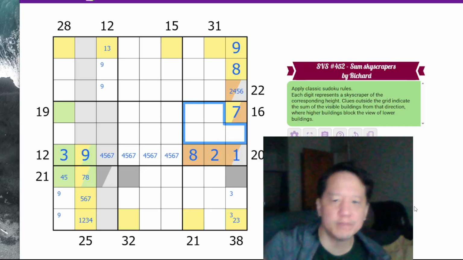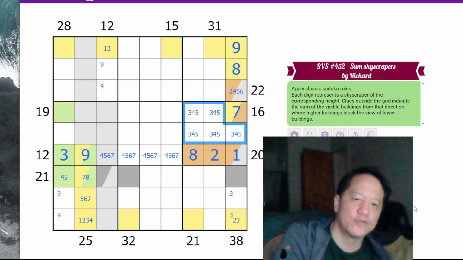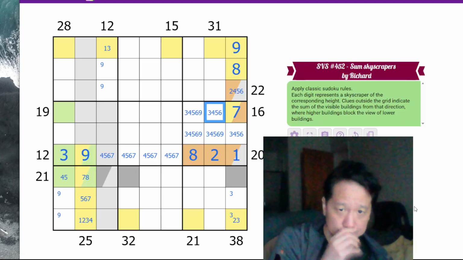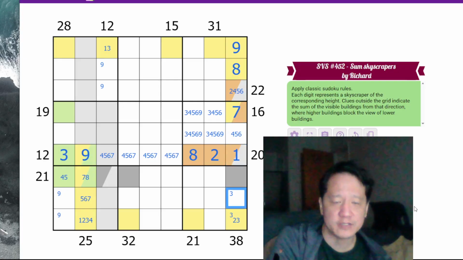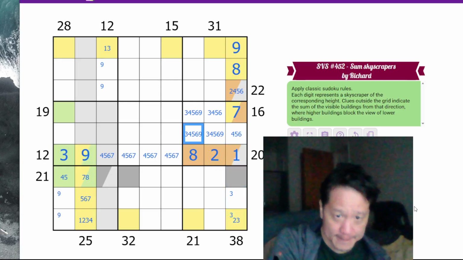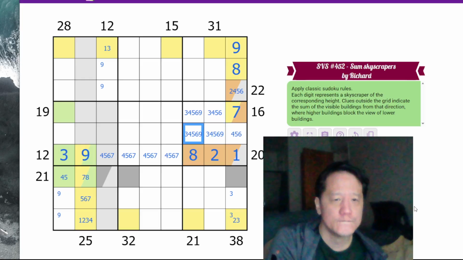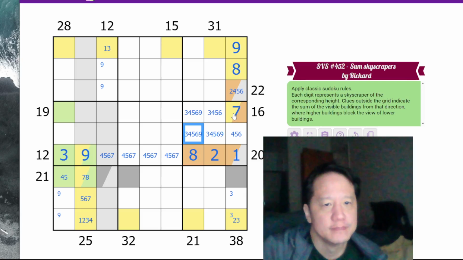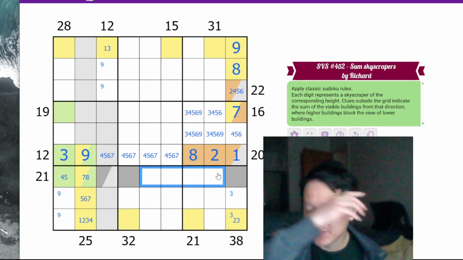Remaining digits in box 6 are 3, 4, 5, 6, and 9. Obviously, 9 can't be here. 9 cannot be here. 3 can't be here because it must be seen in column 9. 9 could be any of these 4.